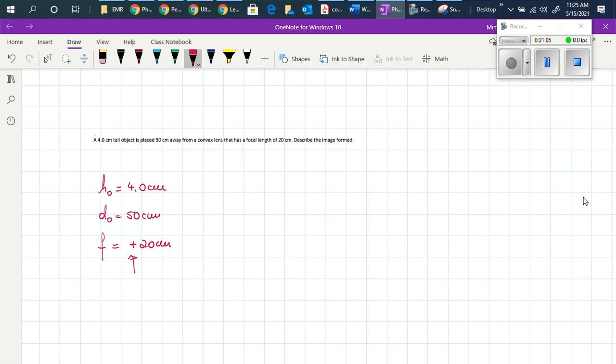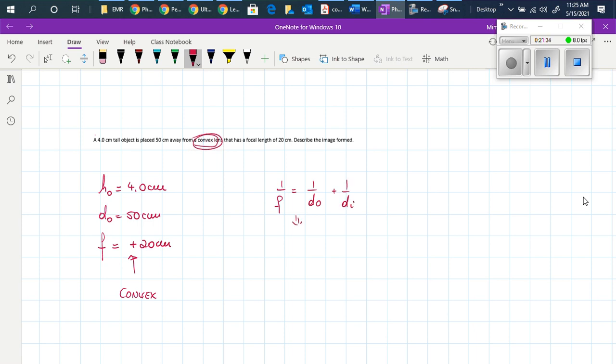Why am I saying it is positive? Because we are dealing with convex or converging lenses. We do know that we are dealing with convex or converging lenses because the question is telling us. Now, 1 over f is equal to 1 over do plus 1 over di.